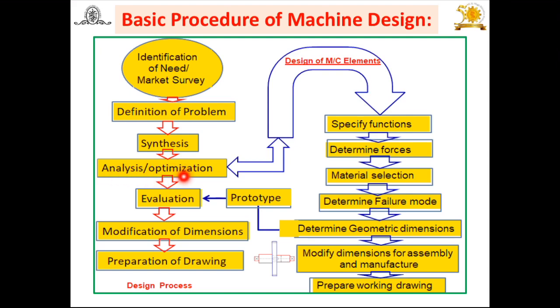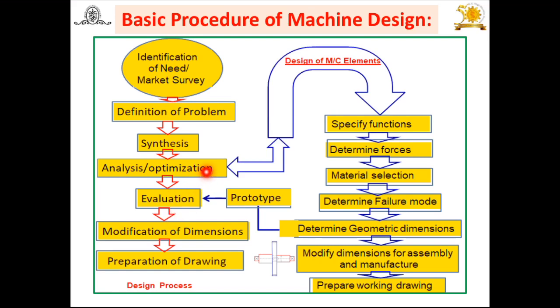Then after synthesis, when the best configuration is decided, comes analysis and optimization. Analysis and optimization means design of the whole product or system. It may consist of many machine elements or components. The design of those individual components is carried out; I will explain the process of design of individual machine components later on.